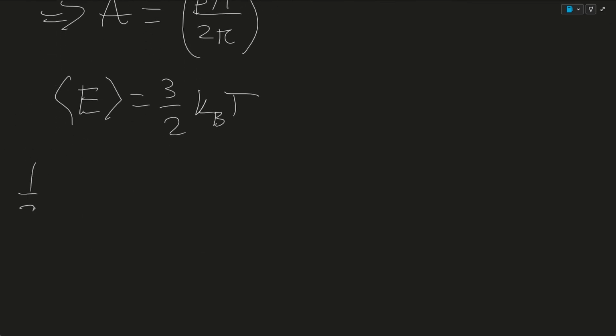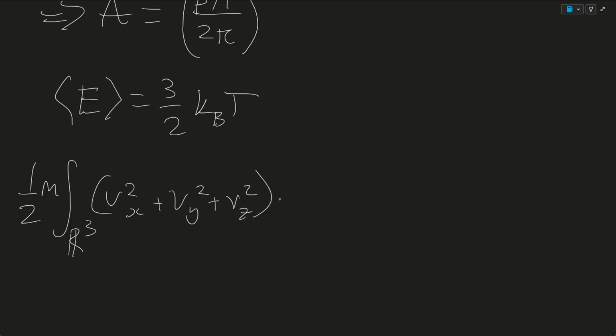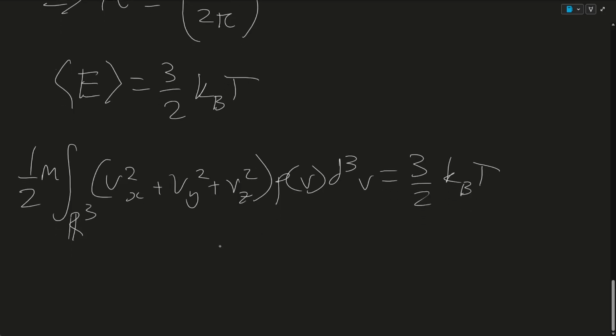And so I'm going to say half and m here are constants. That's not a very good integral. I'm going to put this one over R cubed as well, just for the sake of not writing much. The integral of half m v squared p of v d cubed v is 3 over 2 kBT.